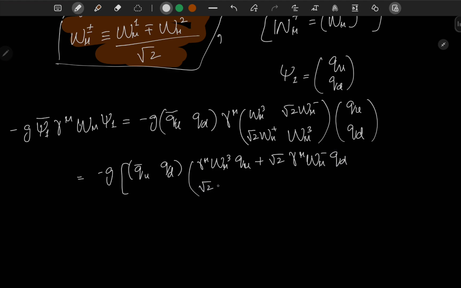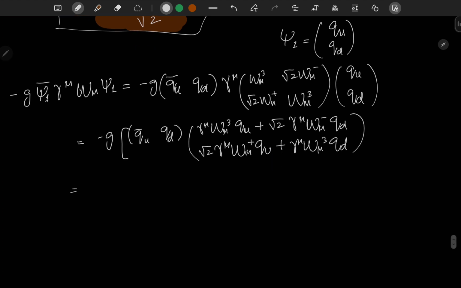Here we get square root of 2 gamma mu W mu plus q up plus gamma mu W mu 3 q down.